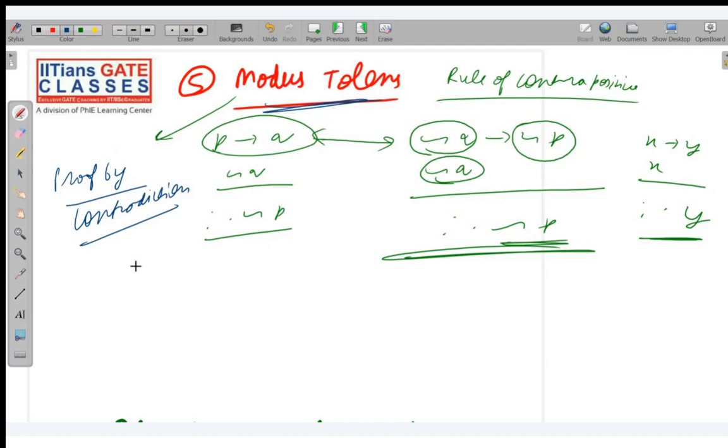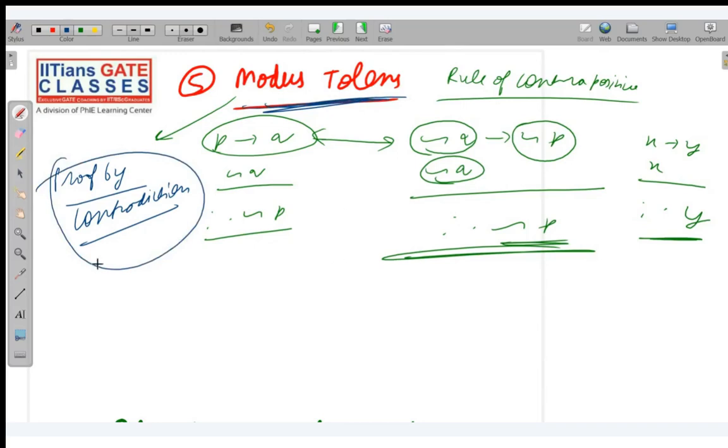Then finally we come to a contradiction, and then we say the given statement was false. Like we have studied in the pumping lemma in TOC. We assume that the given language is regular, then we arrive at a contradiction, and we say our assumption was wrong, the given language is not regular. So proof by contradiction is done by modus tollens only.